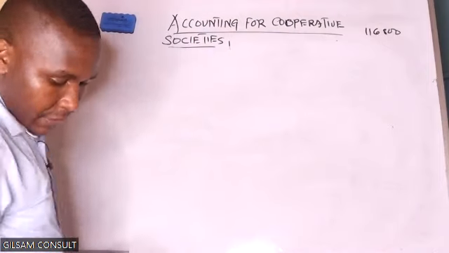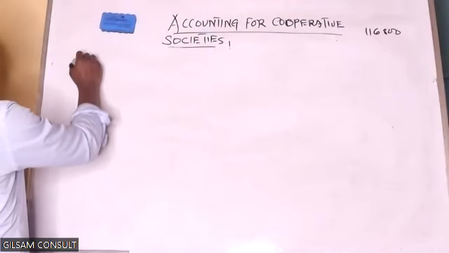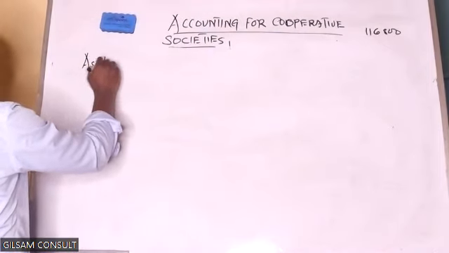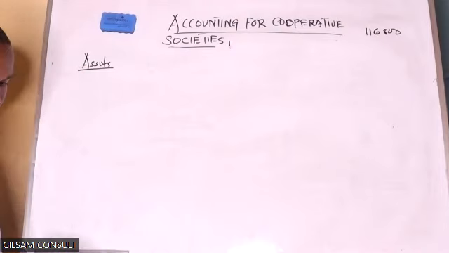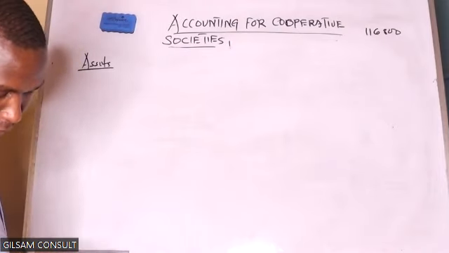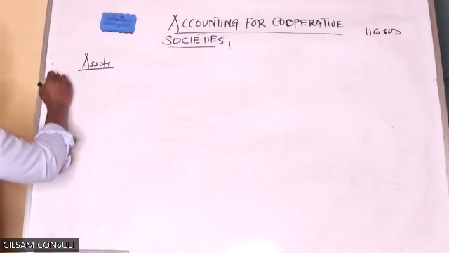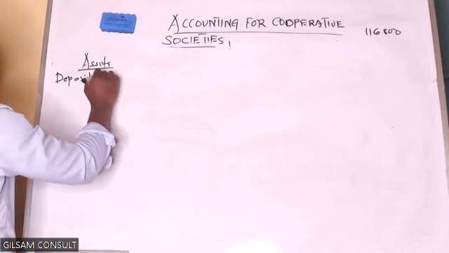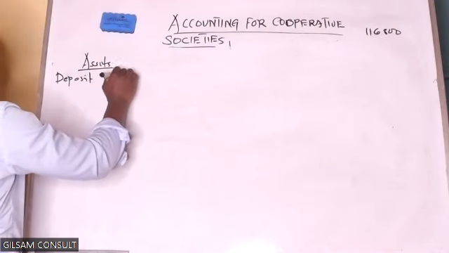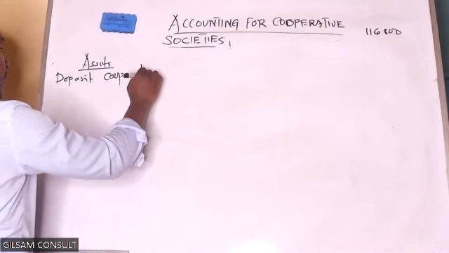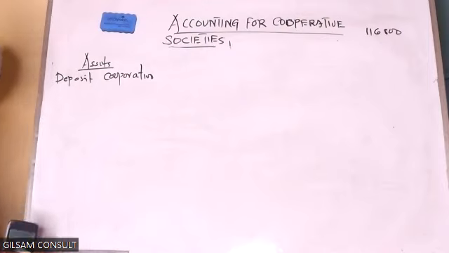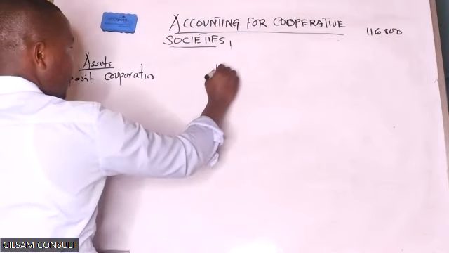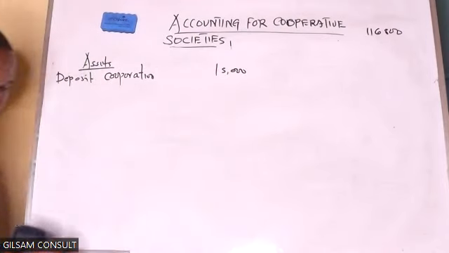So we start with assets. Assets, we have deposit in Cooperative Bank. This one is just listing: deposit in Cooperative Bank, 10,000. What else do we have?